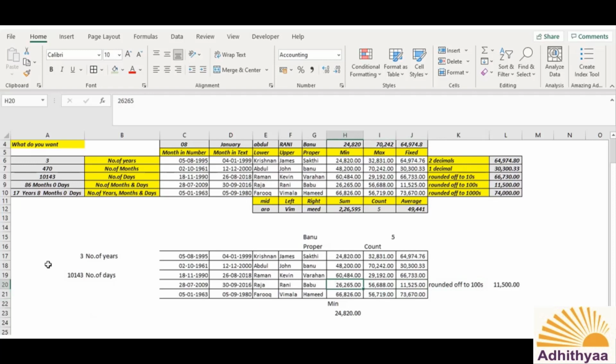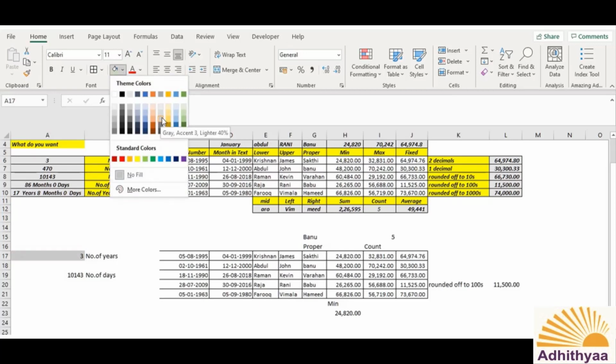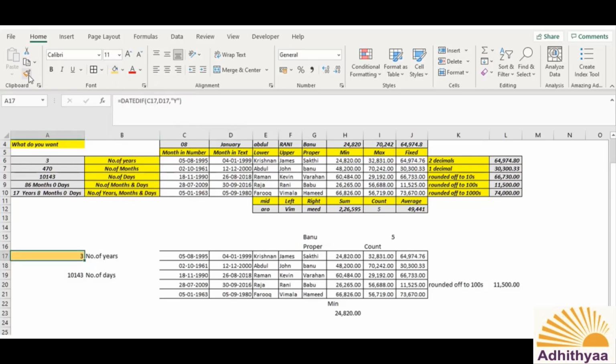I will make this fill color gold accent 4. All the formulas I will fix as gold accent 4. Why has this not taken place? Okay, I will make this one, this one, and finally this one also, right?